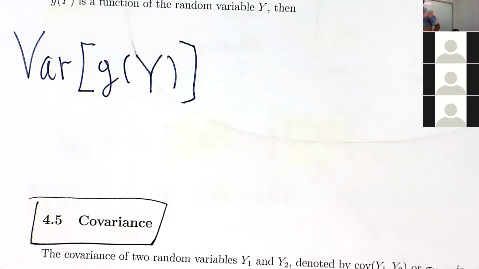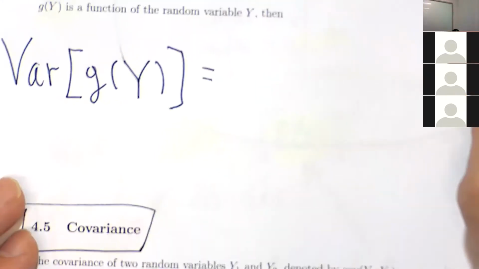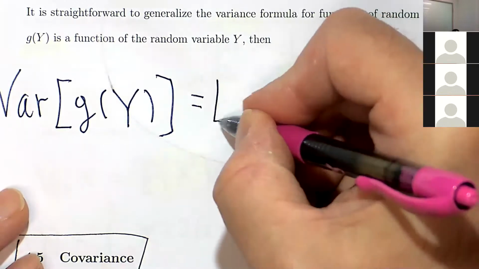For example, g can be 2y plus 1 or 3y or whatever.